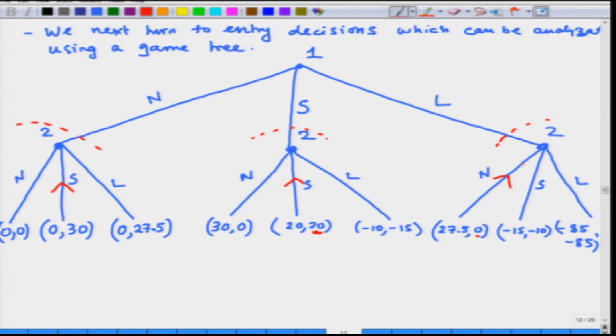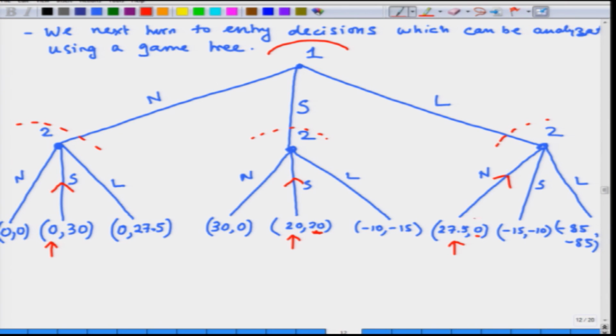So, when we step back and look at the entire game as a whole, firm 1 essentially is comparing between a profit of 0, a profit of 20 and a profit of 27.5, because these are the profits that it would get in the second stage of the game once it makes its choice.